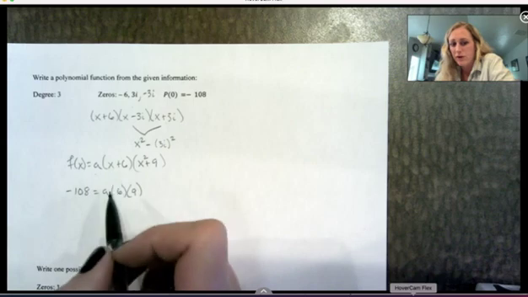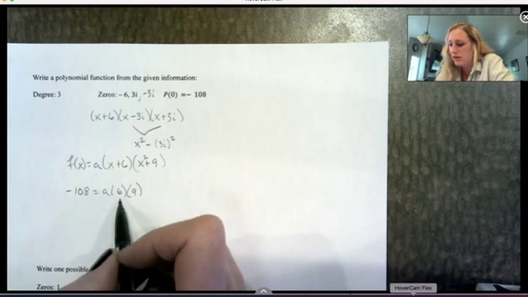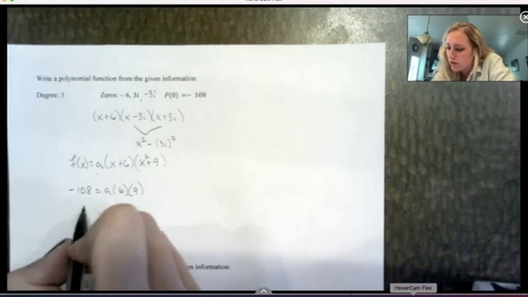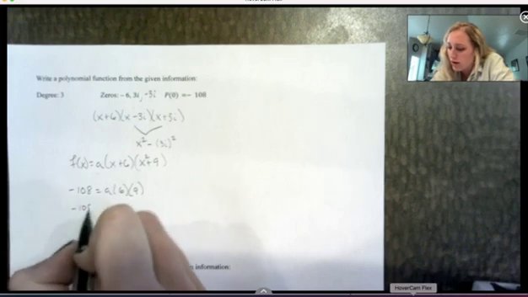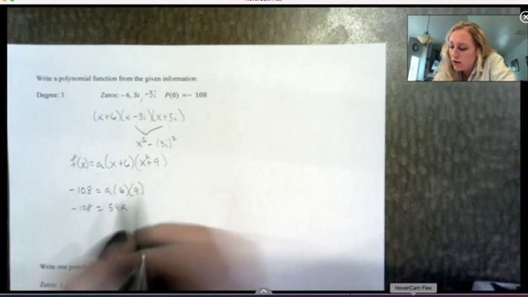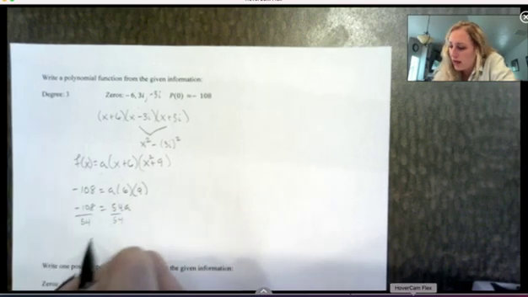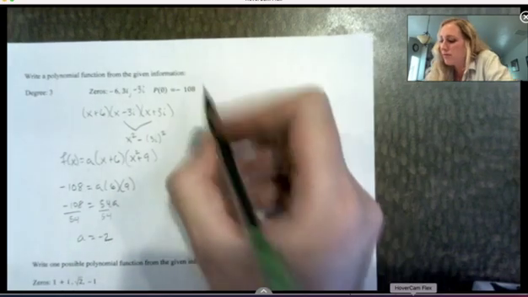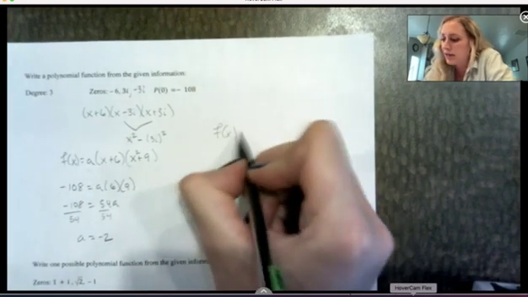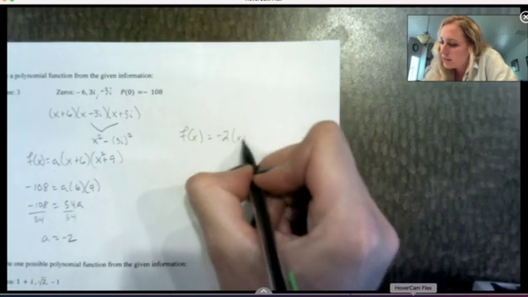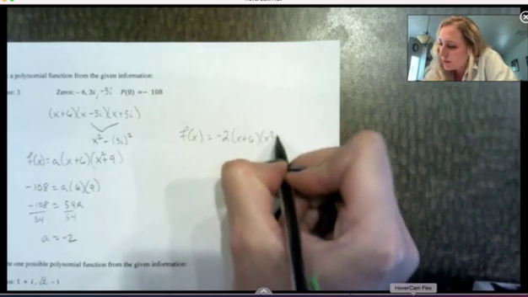Okay, so we get 54, -108 divided by 54 is -2. Sorry, I'll write that out. So a is -2.